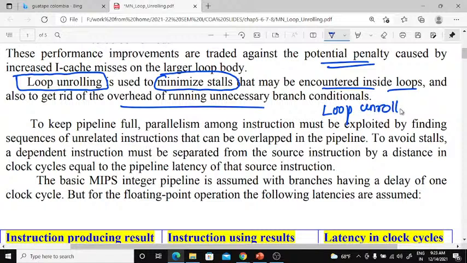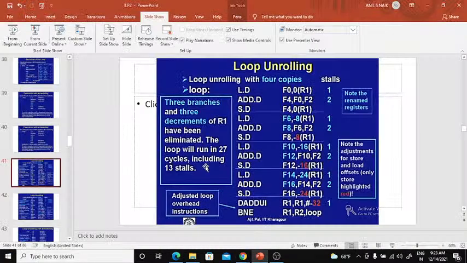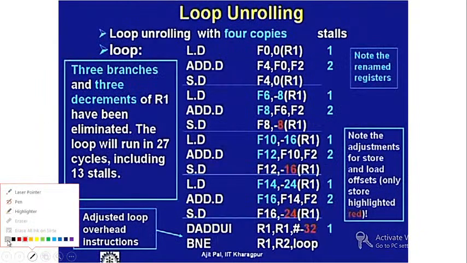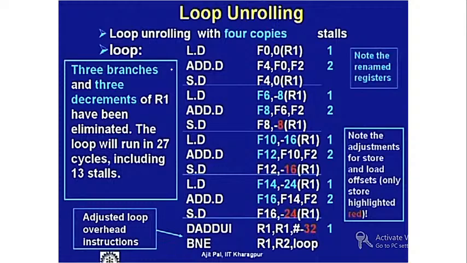Loop unrolling means we are creating duplicate copies so that they form a block.